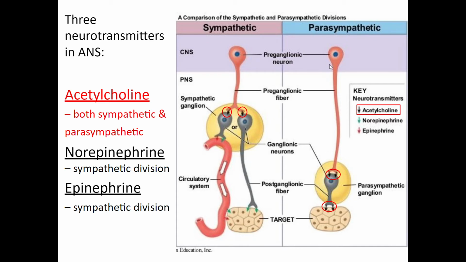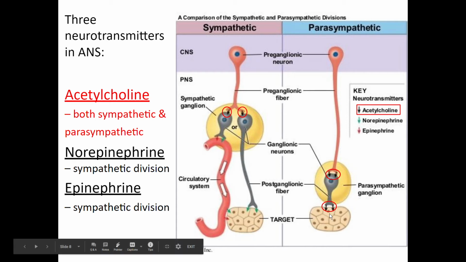Same thing here with the parasympathetic nervous system. You can see that you have this long axon that goes out to a ganglion where it activates the postganglionic neuron using acetylcholine, and then that one activates target tissues using acetylcholine again.